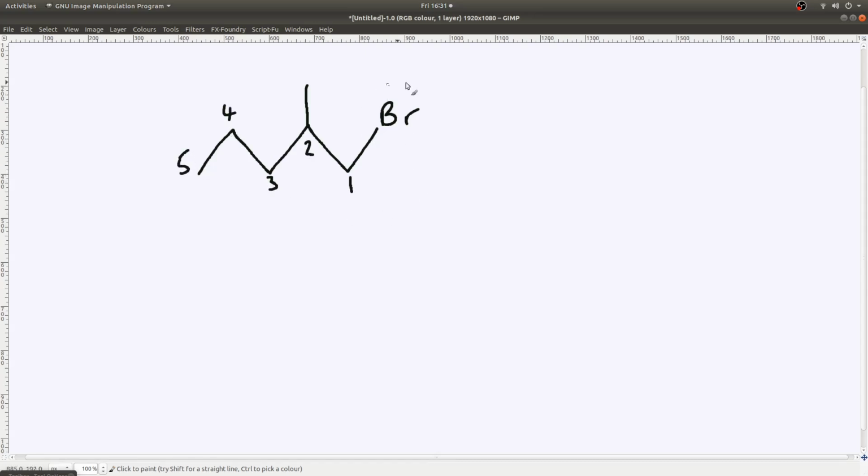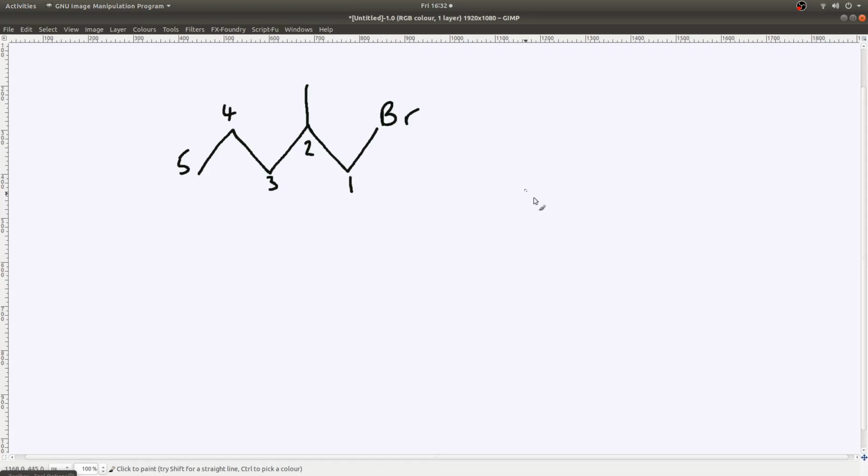We've got a bromine group here on the end of the molecule on the first carbon. We've also got this branching methyl group on the second carbon of the chain. Now when we name a molecule here with 2 prefixes, we put them in alphabetical order. So bromine, B for bromine, is going to come before the M of methyl group, so that's the one we will name first. So we number from the end of the molecule with the bromine on.